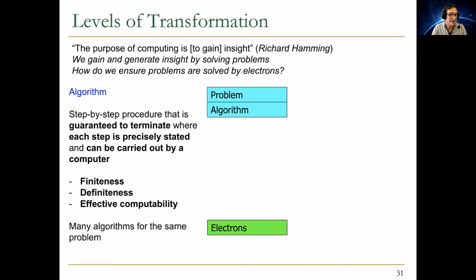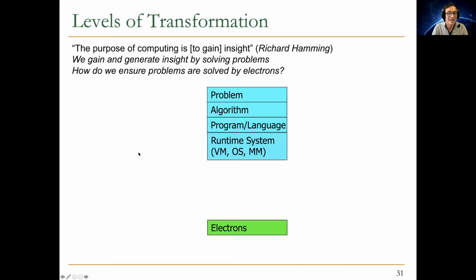And it needs to be ending. It needs to be definite, step by step, computable by me. And each step also needs to be effectively computable. For example, if one of the steps involves going from here to Stadelhofen and I have to jump over a building, that's not going to work, right? Because I am not capable of executing that step as a computer. So that's an example of effective computability.